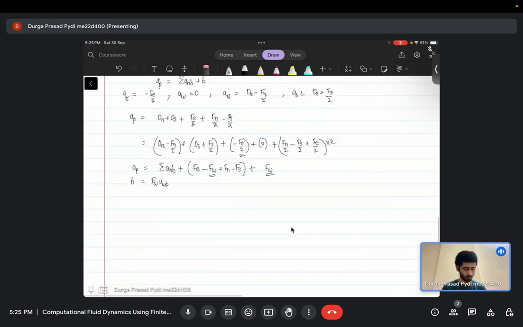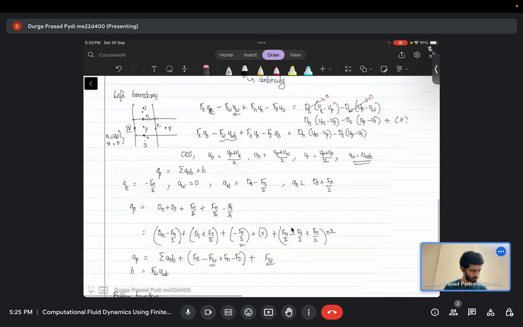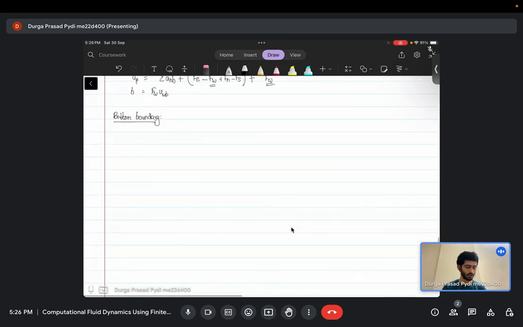Now similarly, if you were to write on, say, the bottom boundary, so you have this is my P cell, this is my south face, east face, west face, and north face.